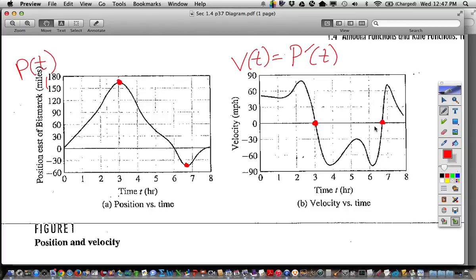Important to understand. Also, what direction is he going during this time period right here? He is going east during this time period. From here up to here, also going east during this time period. Right? What does that correspond to over here? All of these values are above the x-axis. They are positive.